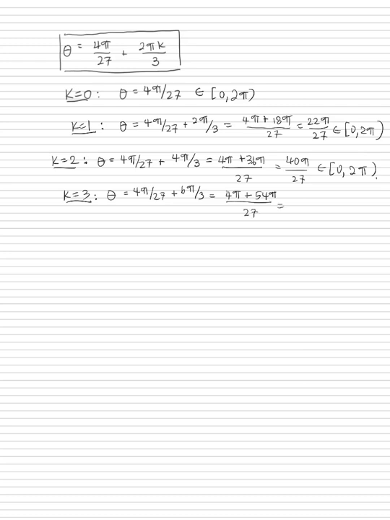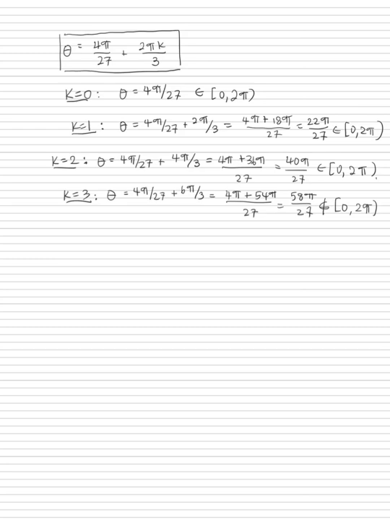So this is 58 pi all over 27. Now is that in 0 to 2 pi? No, it is not. Again, if you are confused about why this angle is not in it, you can convert it in terms of a degree measure. At least that's what I always do.